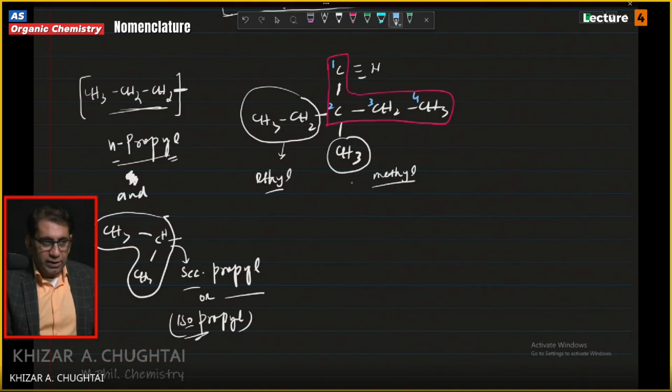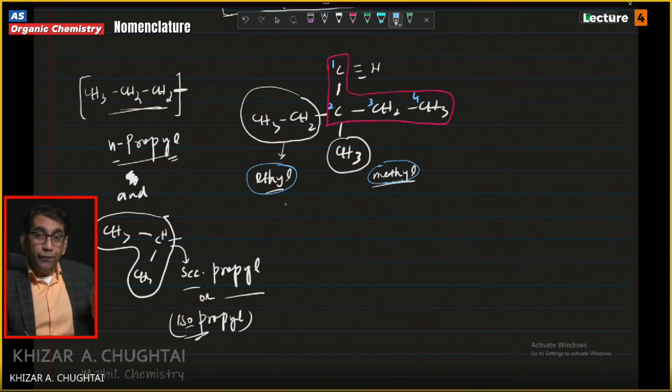Number one, branches. This time there are two branches, methyl and ethyl. If you have two different branches with different names, then you choose their order with respect to their first alphabet.